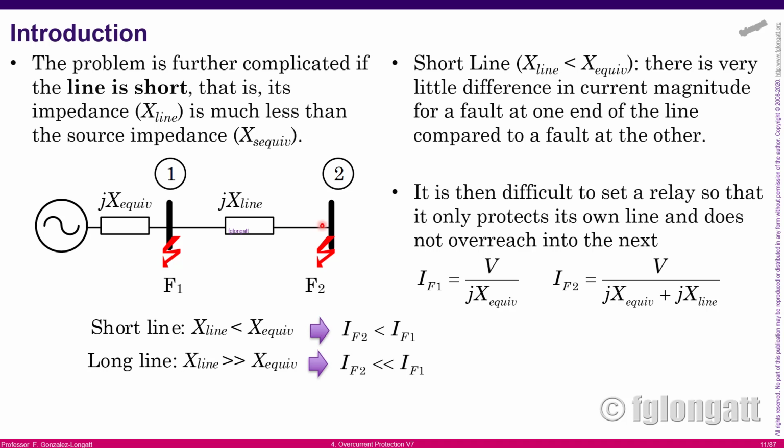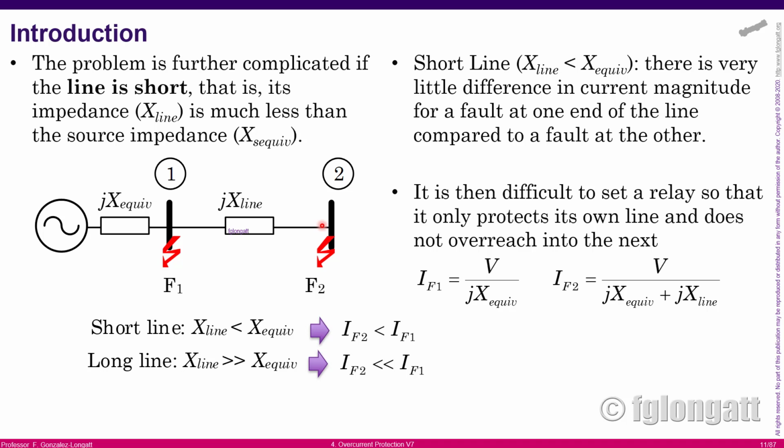I don't know if you realize, but it's important that we identify if we are working with a short line or a long line. If we are using a short line, that means that the impedance of this line is extremely small compared with the equivalent system.